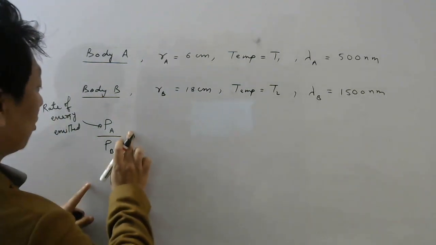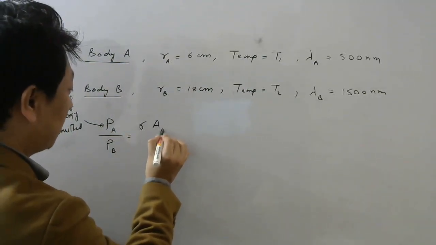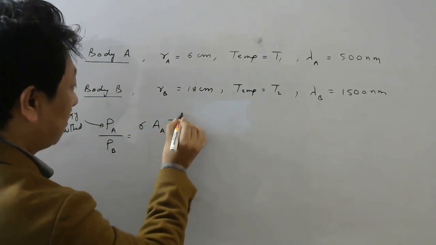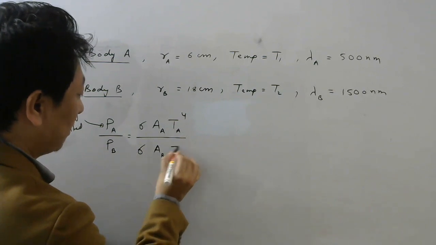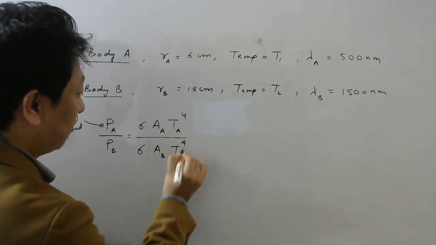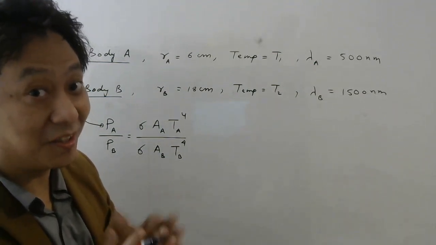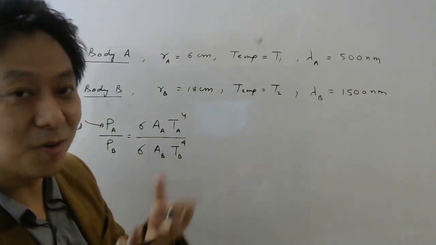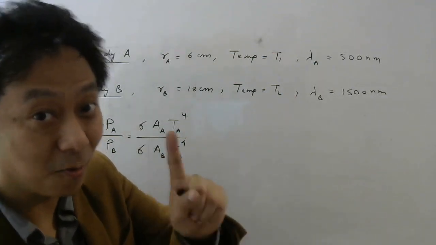So what was the formula for power of body A? Sigma area of body A, temperature of body A power 4, and here also sigma area of body B, temperature of body B power 4. Now why did I not write emissivity? Because they are told in the question the bodies are black bodies, so no need to write emissivity, because for a black body emissivity is 1.